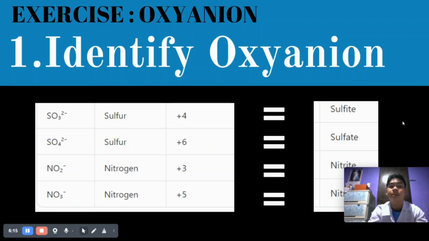So here are the answers. By the way, this is the exercise for oxyanion. Let's identify these oxyanions. SO3 2-, it is sulfur, which has an oxidation state of +4, which is called sulfite.